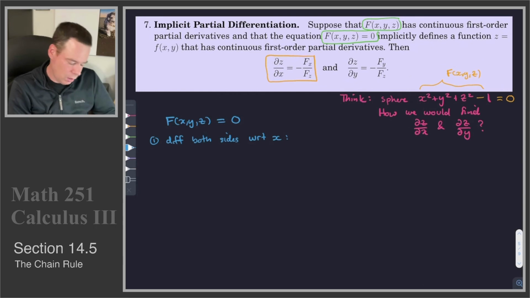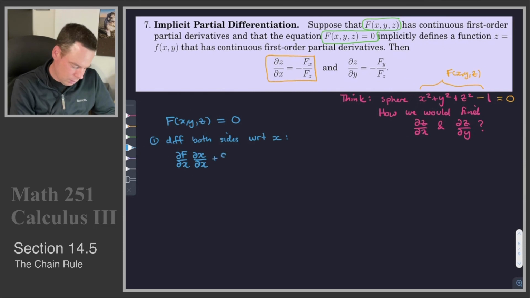So I need to use the chain rule. Differentiate the outside function with respect to x, multiply by the derivative of the inside with respect to x, so dF dx times dx dx, plus dF dy times dy dx, plus dF dz times dz dx. And that's equal to the derivative of the right-hand side, which is 0.